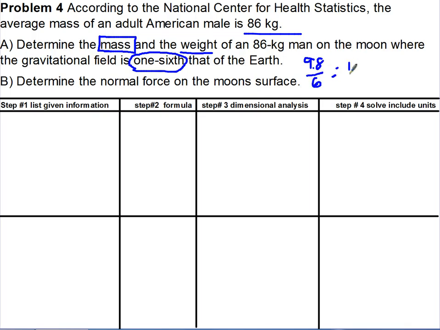So that means the moon's gravity is 1.6. So then you're just going to use 1.6 as your multiplier. And so you'll take 98 times 1.6, and that'll give you his weight on the moon. And again, the normal force is the same as the weight for an object that is at rest, standing there. So that would be how you would do that one.